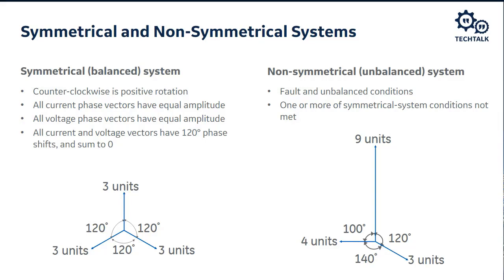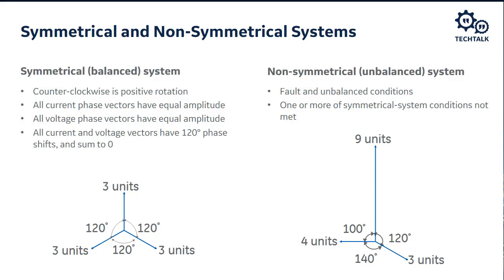So it wasn't until 1917 that a mathematician named Fortescue developed this method of taking an n-phase system, where n represents the number of phases in the system, and converting it to n discrete balanced systems. And using those n discrete balanced systems, we could analyze it because all of those new systems were balanced.